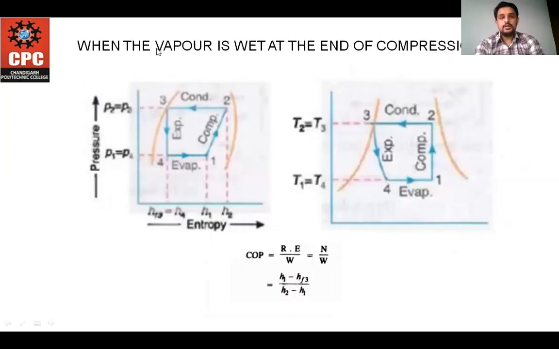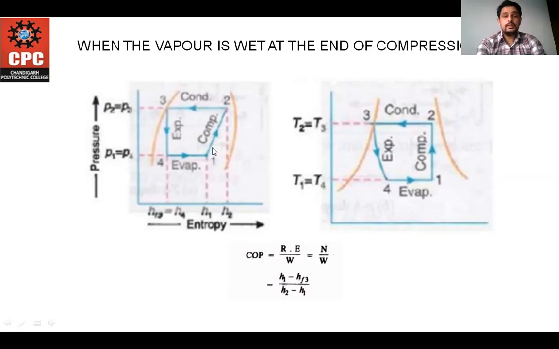The next is when the vapor is wet at the end of the compression. So they're saying vapor is wet. These are your dry vapors. Saturated vapors are also called dry vapors, but below this line, the vapors are wet.